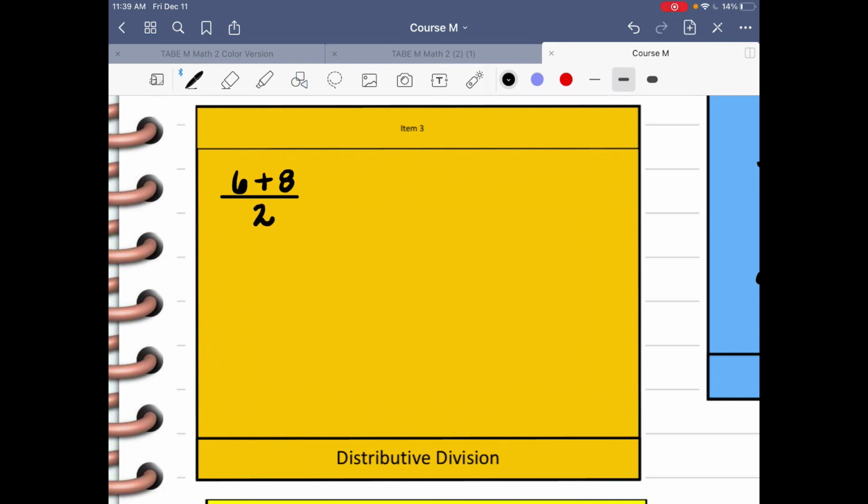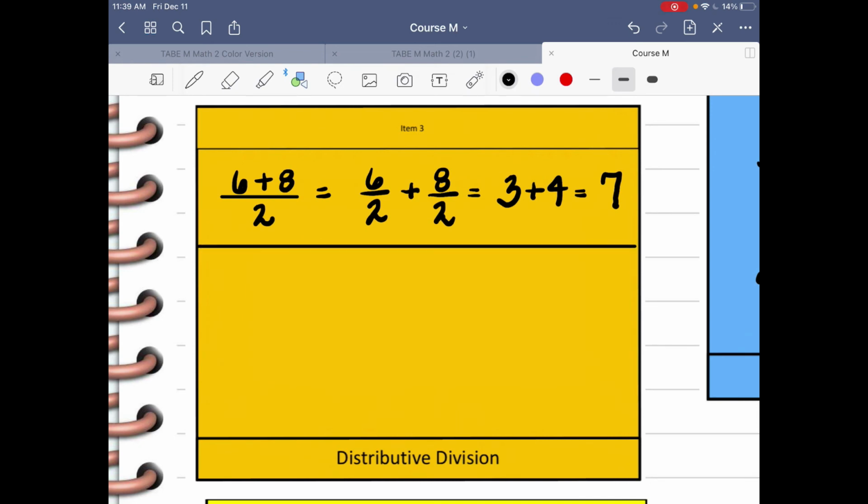So that's saying 6 plus 8 divided by 2. That is the same as 6 divided by 2 and 8 divided by 2. 6 divided by 2 is 3, 8 divided by 2 is 4, and that gives us a final answer of 7. So we're distributing that division to both terms.